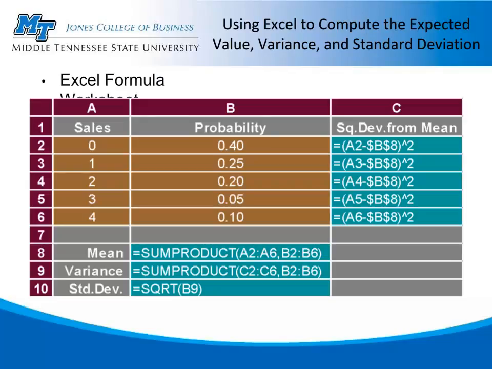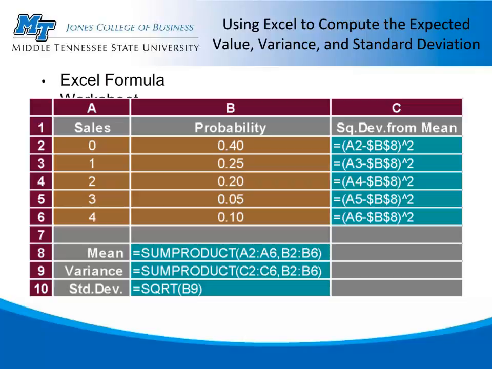Now there's a function in Excel that's called the sum product, and it's really useful in calculating the mean and also the variance for a discrete random variable. You can put the values of the random variable in one column and then, paired up in the same row, put the probabilities in a different column.